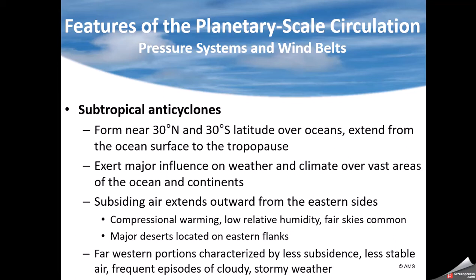One of the biggest deserts in the world, the Sahara, is on the eastern side of the Atlantic Ocean, around 30 degrees north. Another desert, in the southern hemisphere, is down in Chile. Very, very dry. So there is not a lot of rain on the eastern side.